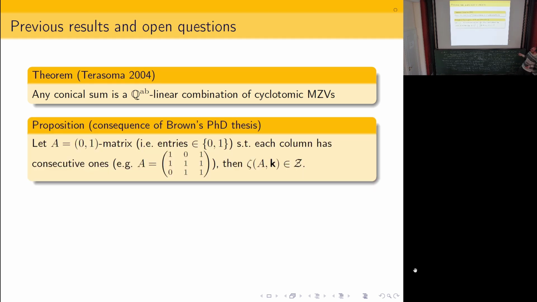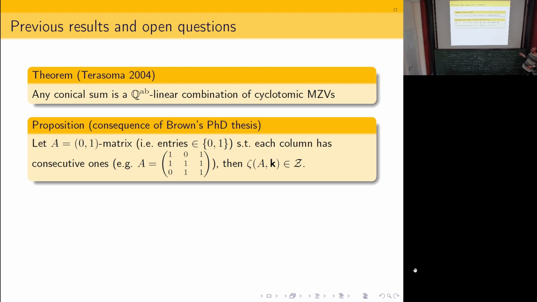One thing you can say, which is a consequence of the PhD thesis of Francis Brown, well, one thing I haven't told you is that this integral representation can be transformed by a change of variables to integral representations which make immediately clear that they are periods. And it's also not very hard, I guess, to prove that they're periods of mixed Tate motives. And so they fall into the realm of the objects that were studied by Francis in his thesis.